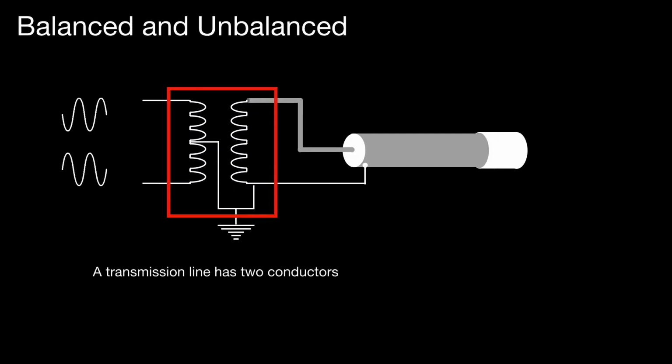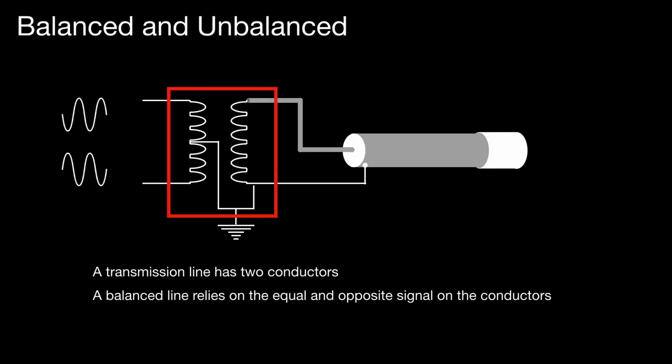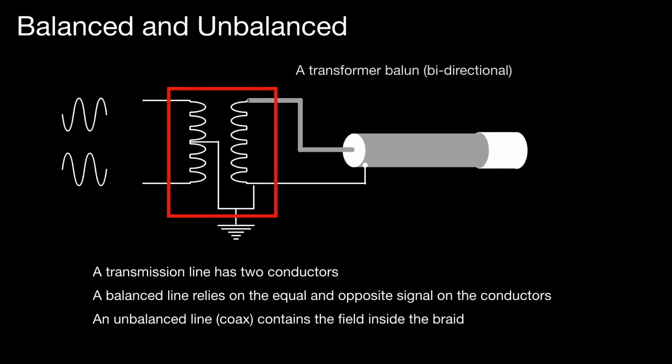So we remember that a transmission line always has two conductors, and a balanced line relies on the equal and opposite signal on the conductors, whereas an unbalanced line, the coax, contains a field inside of the braid. So this is a transformer Balun.